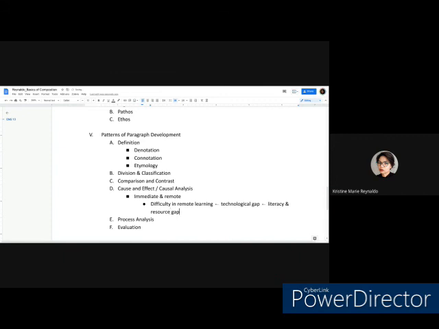But even this gap in literacy and resources is caused by an underlying problem, which is related to economic inequality. So when you're thinking about what is the immediate cause and what is the remote cause, or what is the immediate effect and what is the remote effect, you go back in time or you go forward in time, and you ask questions like, okay, there's a problem, why is there that problem?